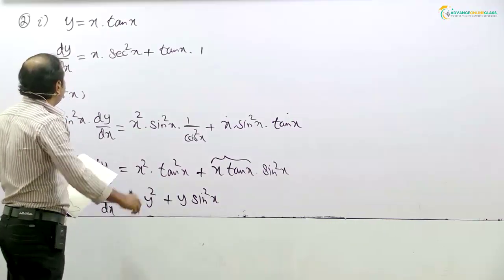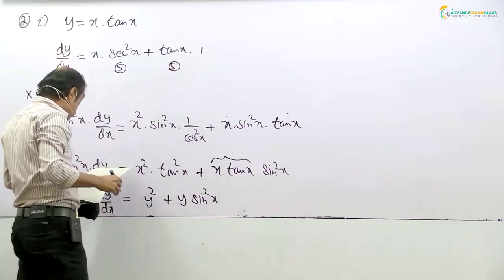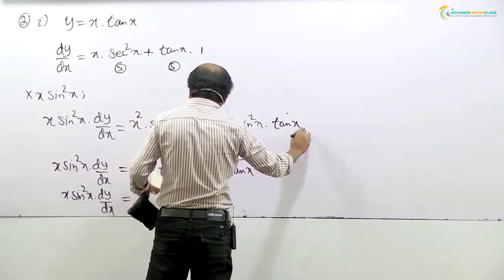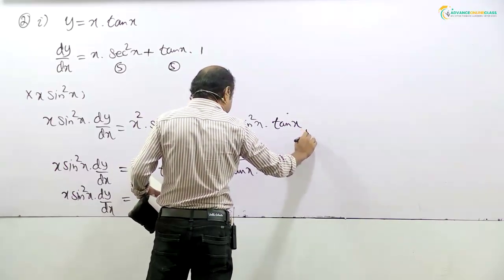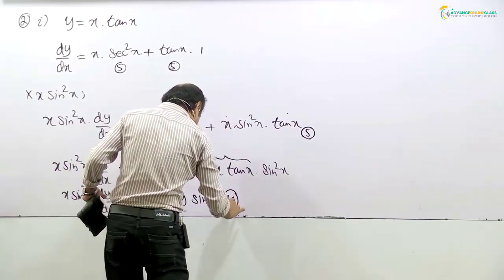Here 5 marks, here 5 marks. For this you get 5 marks. And finally, the last answer, 10 marks coming.